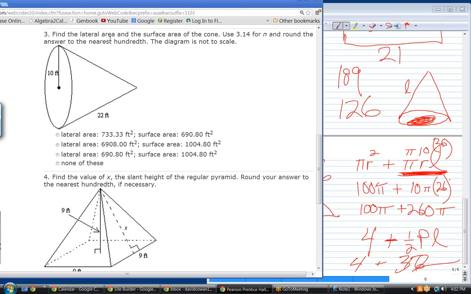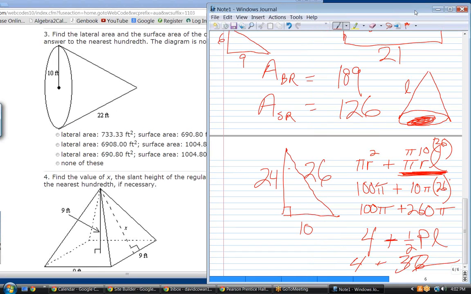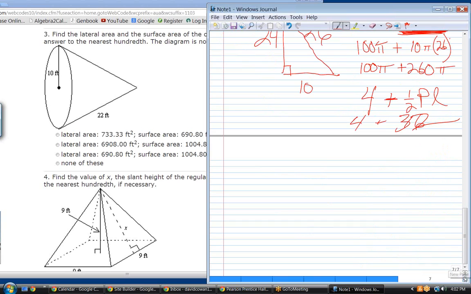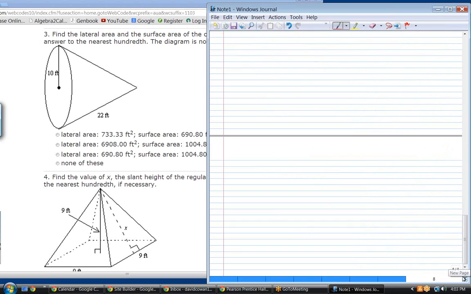Okay, find the lateral area and the surface area of the cone. Use 3.14 for pi and round it off. Let's do the lateral area first. What's the formula for lateral area for a cone? To find the hypotenuse.